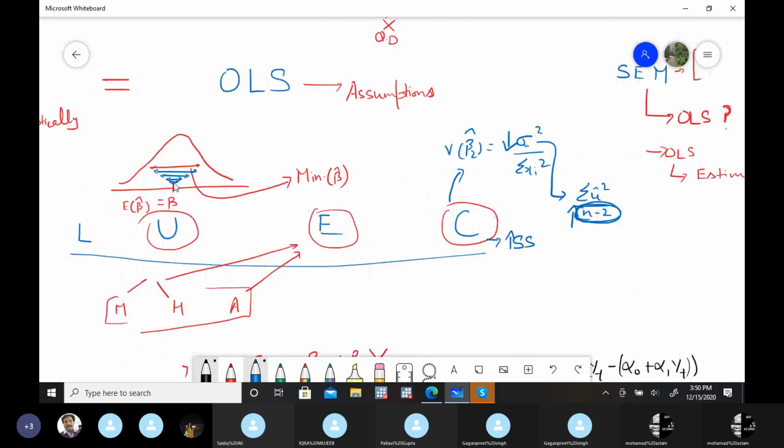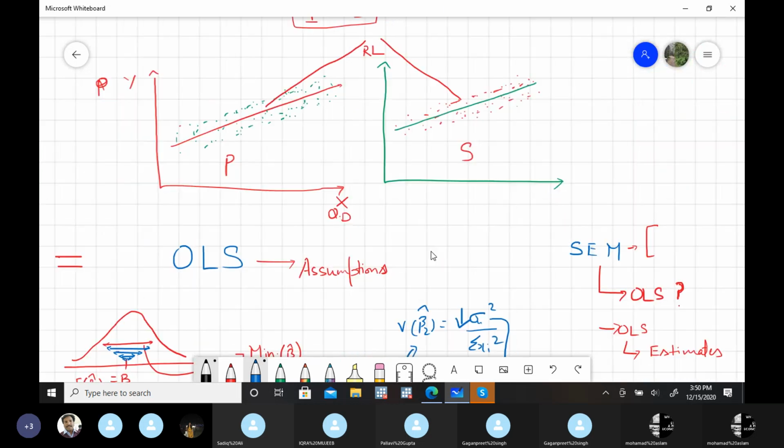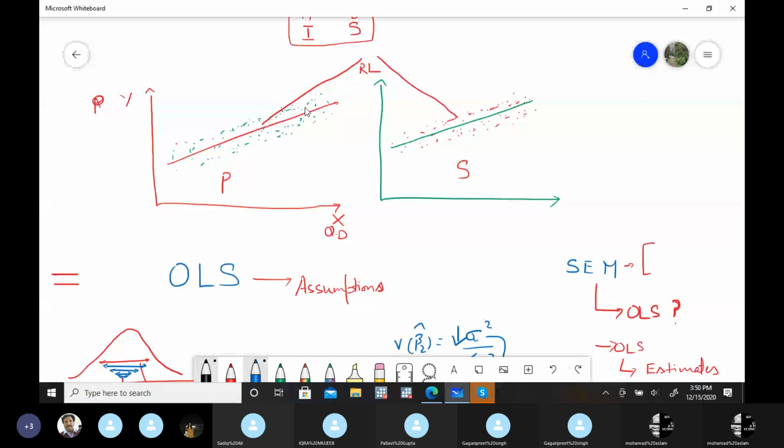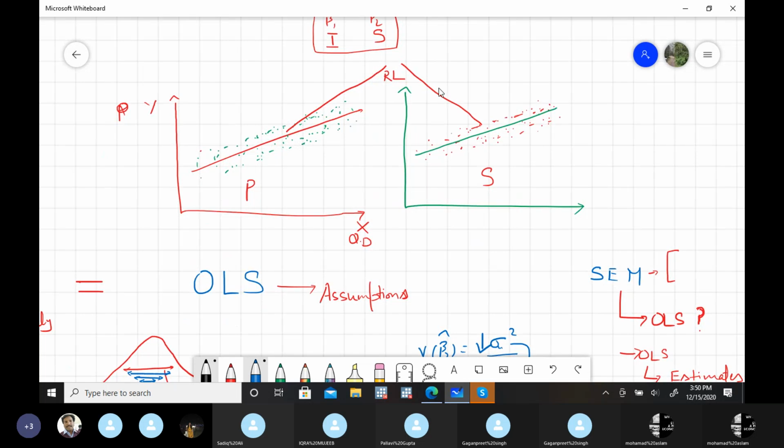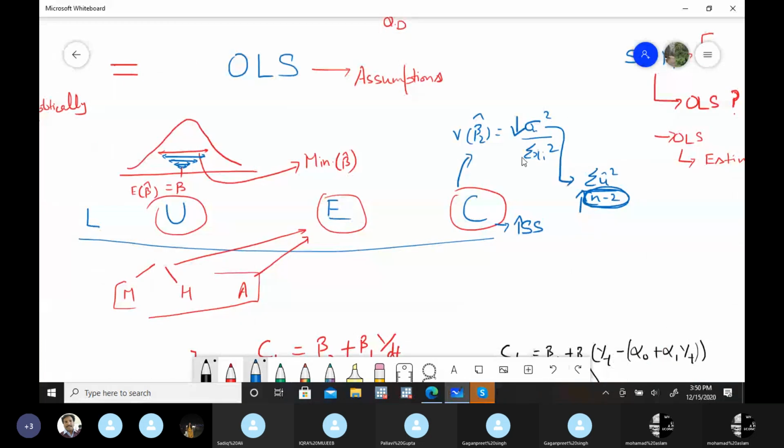And if variance decreases, that is what we want, because actually what we want is that our sample results should be equivalent to the population. That is possible only when the variance of our sample estimates, the regression line estimates beta 1, beta 2, is low. Generally, this is the variance formula, right? So if you increase this sample size, this numerator term will get reduced, so variance will get reduced. And the lower the variance, the more the chance that the result is close to the population.